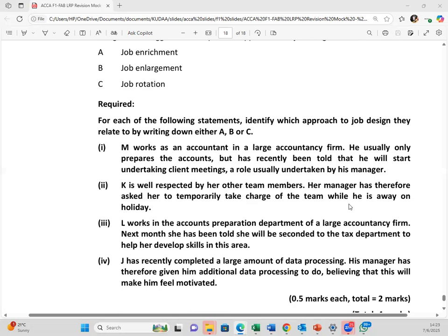He usually only prepares the accounts, but he has recently been told that he will start undertaking client meetings, a role usually undertaken by his manager.